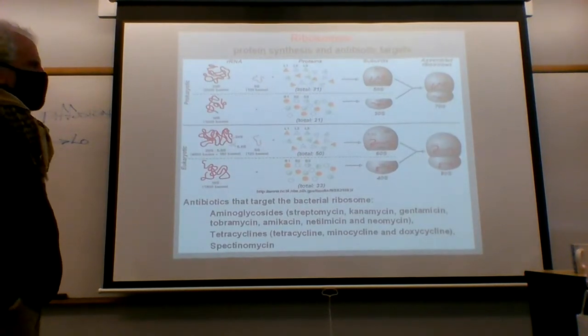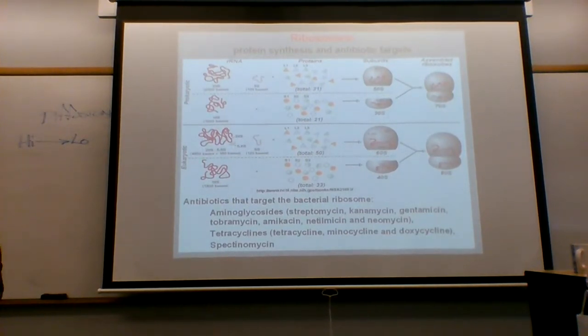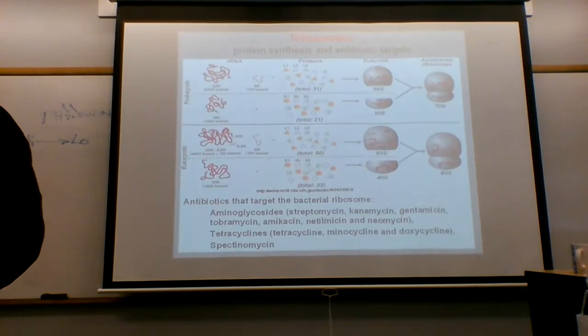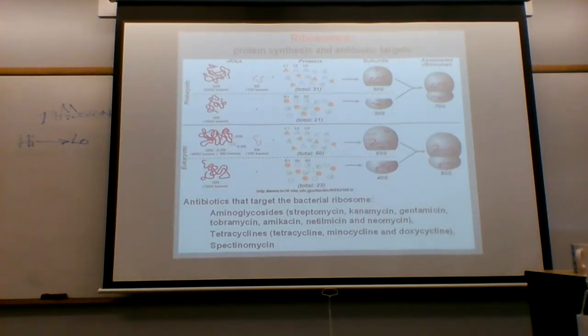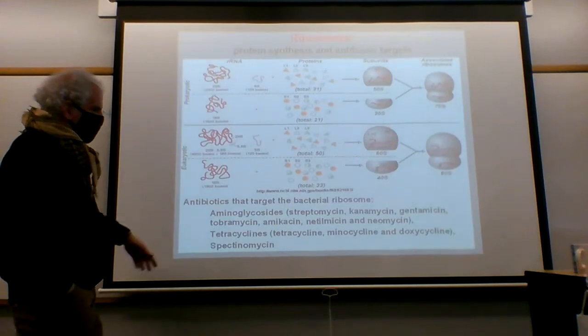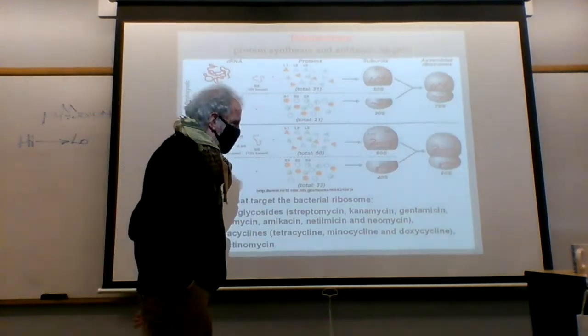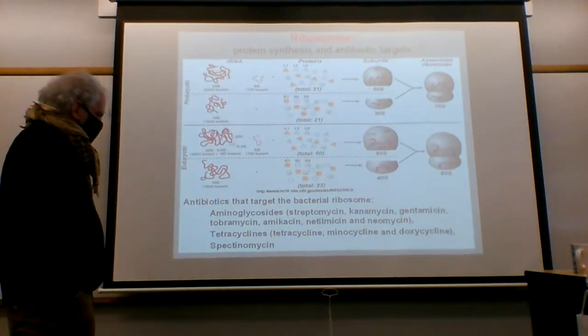There are differences sufficient in the ribosomes that we can have antibiotics that target these guys. So there are antibiotics like streptomycin, kanamycin, a whole bunch of them, some I've never heard, and neomycin is a fairly common one.